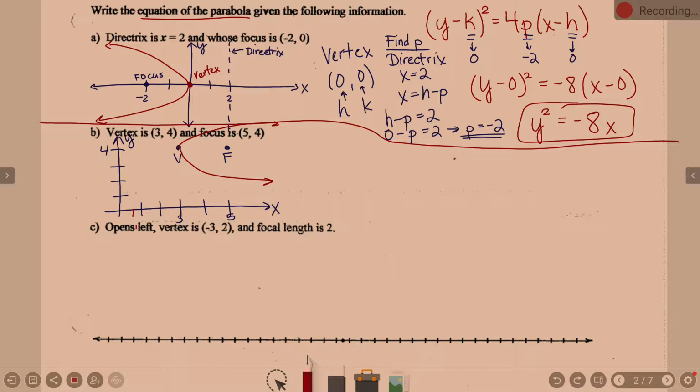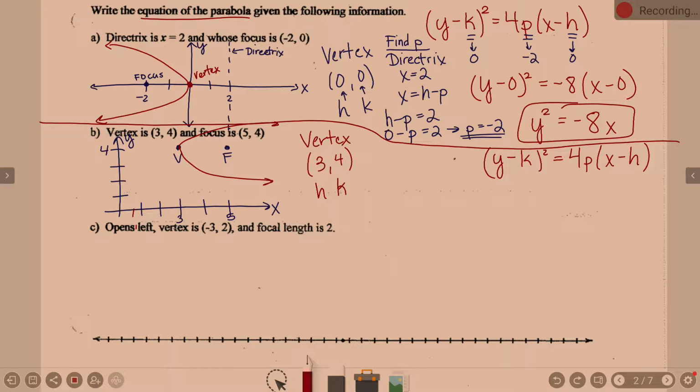So they gave me my vertex, which means they gave me H and K. Now, which equation are we filling in? This parabola opens right, so we're going to be filling in y minus k squared equals 4p times x minus h.